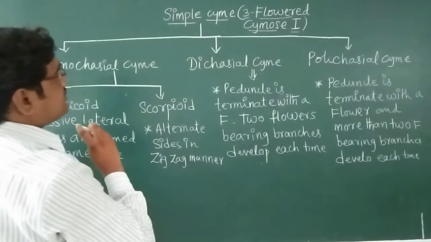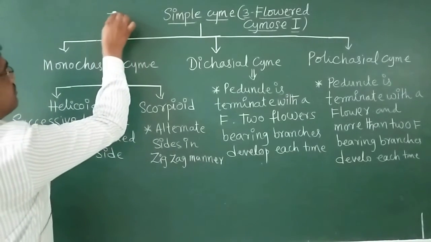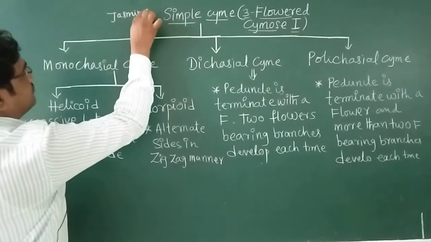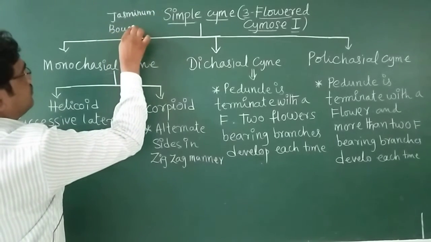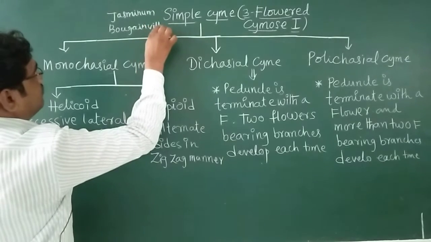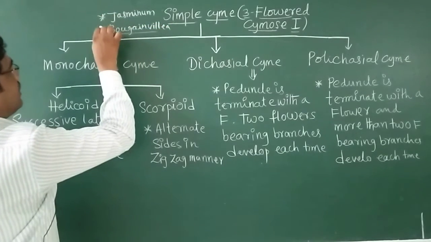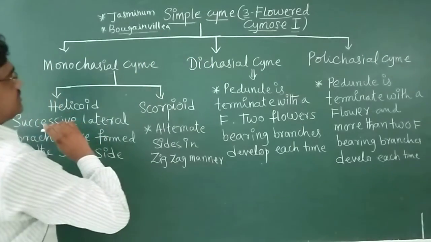So what are the examples for the simple cyme? Jasminum and bougainvillea. These two are examples for the simple cyme inflorescence.